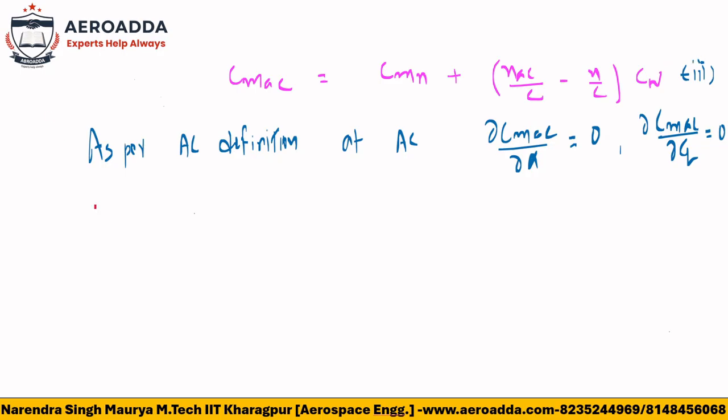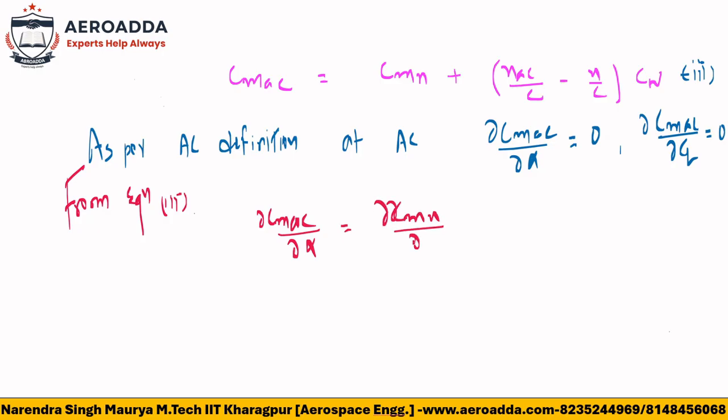What you will get from this: dou CMX by dou alpha, and you can take CN this side, so dou CN by dou alpha in bracket.